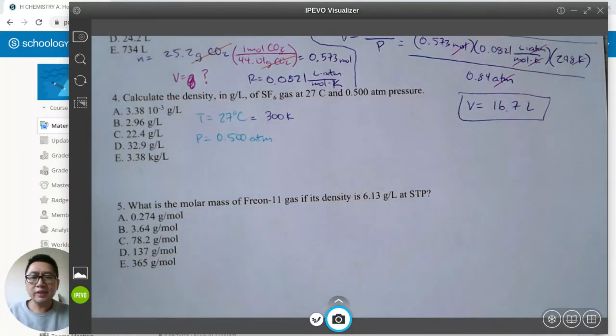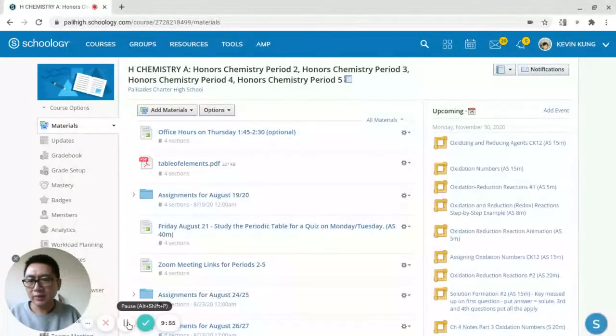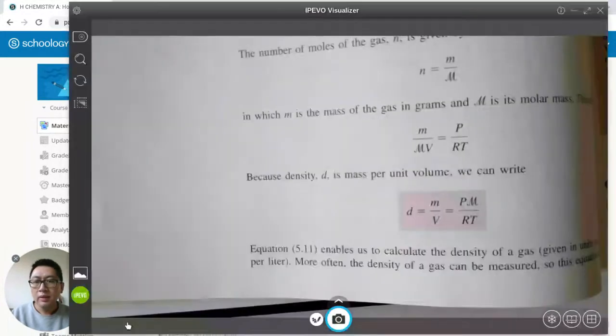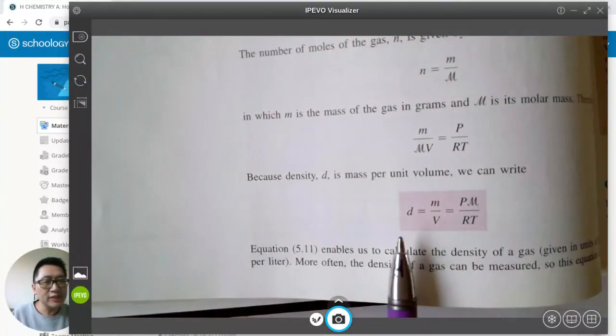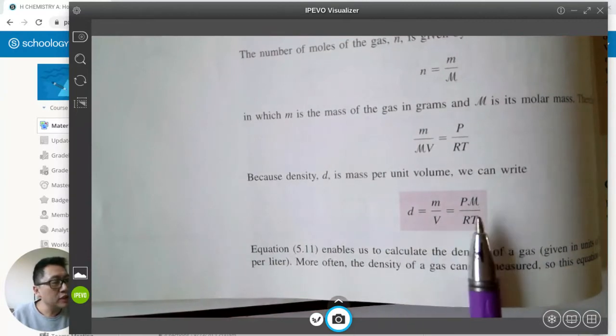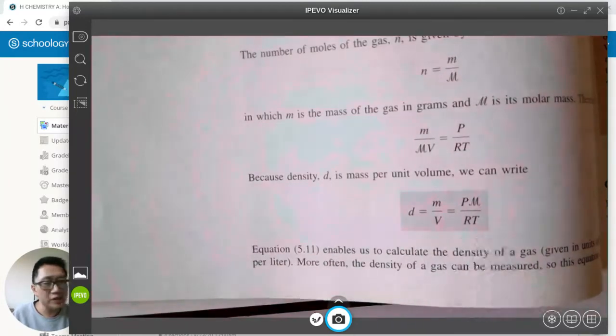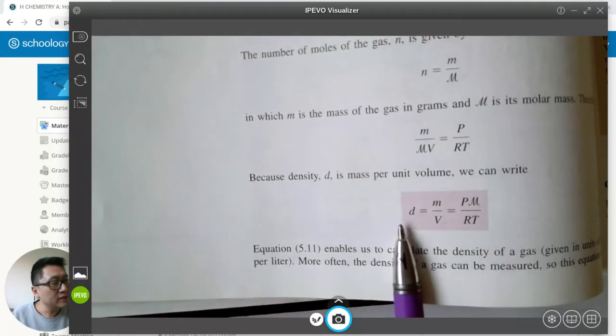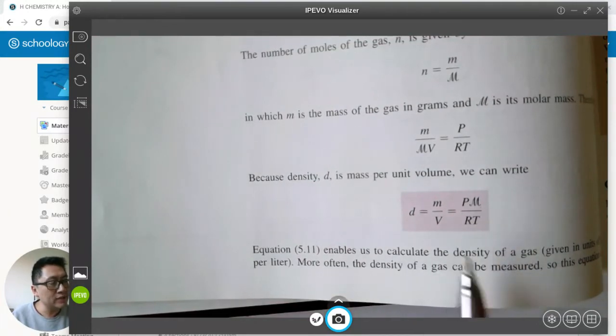so the density equation for this, well, you would have to look it up. Okay, sorry, I had to grab the book. So the equation for density is equal to pressure times molar mass of a gas divided by RT.